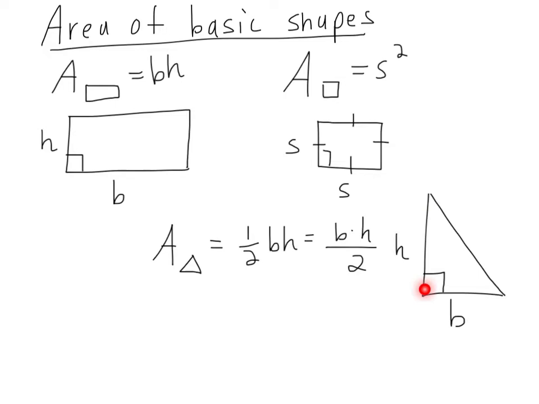In every one of these pictures, we do in fact have a right angle, and we need a right angle. So now we're going to look at some funkier shapes, and we're going to try and deconstruct every new shape and turn it into a rectangle, really. Okay, cool, let's go for it.